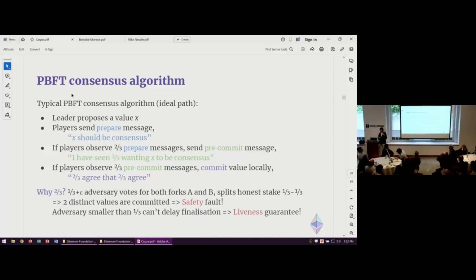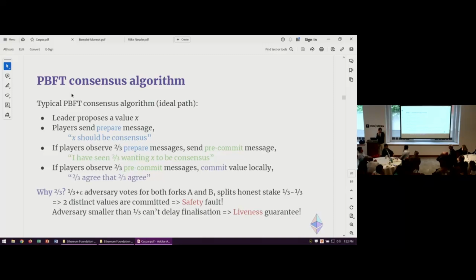So you have to really make sure that everyone knows that everyone else also knows. Once you've seen 2/3 of people wanting to make something consensus, you then send a message saying, I've seen 2/3 agree that 2/3 agree. And that concludes this round of consensus.